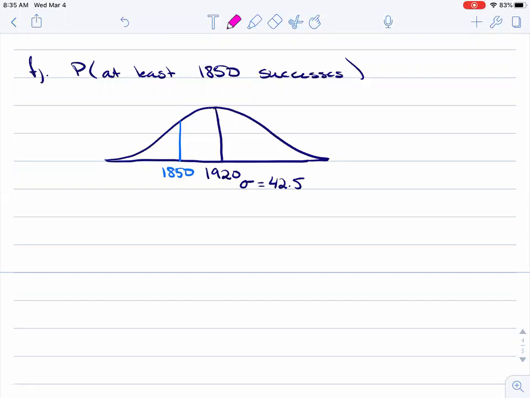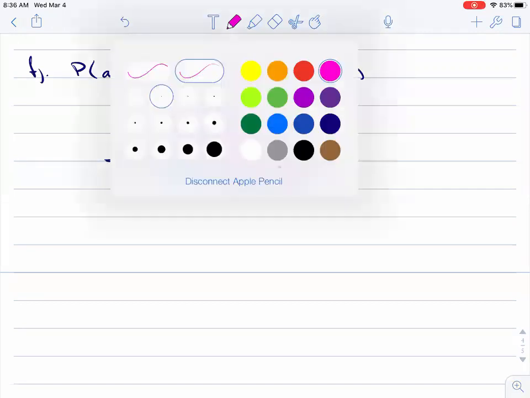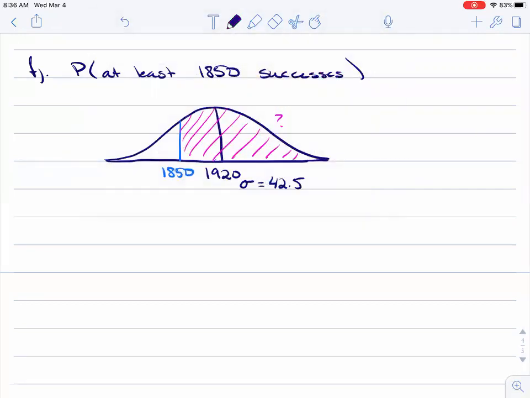At least 1850. So the probability that we need is this area here. To find areas under the curve, remember that we convert 1850 to a z-score, and then we can use the z-table to find the area to the left, right? The probability of having less than 1,850 O-negative donors, and then subtract that from 1 to find the area that we actually want.